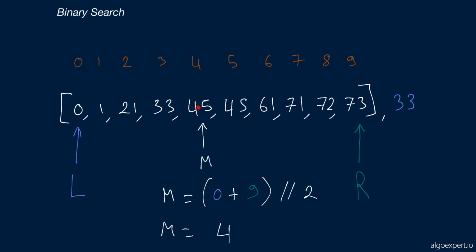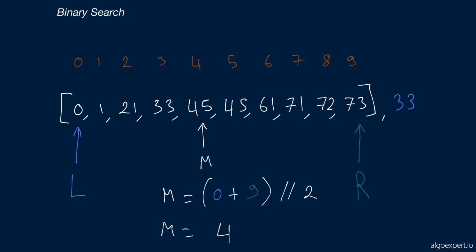So we compare 45 to our number 33. Is 45 equal to 33? Have we actually found our number? No, we haven't. So we're not done. We have to continue exploring. But is 45 greater than or lesser than 33? Here it happens to be greater than 33.